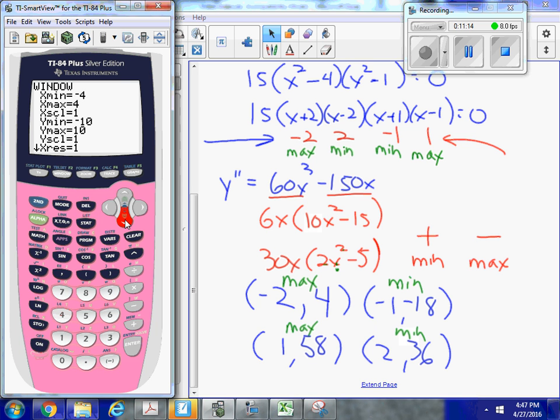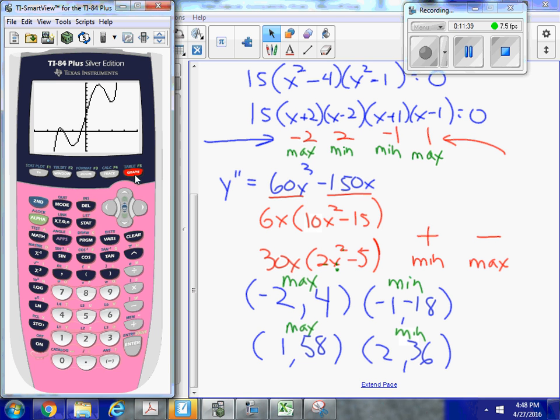And then I'm going to make my y minimum. Well, hey, I know my minimum looks like negative 18 over here. So let's call it negative 25. And I know I'm going to have a local maximum at 58. Let's call it 60. Let's make my scale in terms of 5. And I'm going to go graph, and I should get the whole nice thing showing up right there.